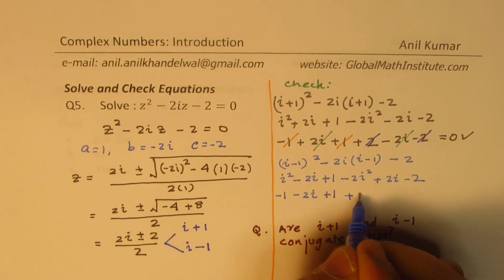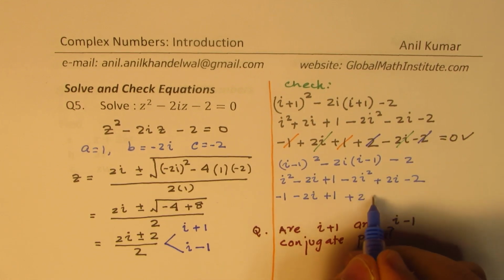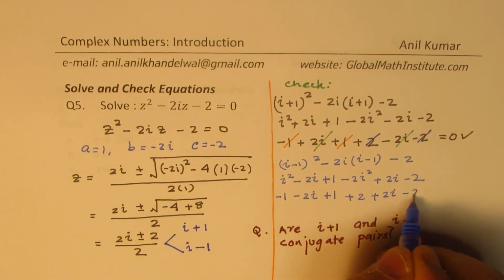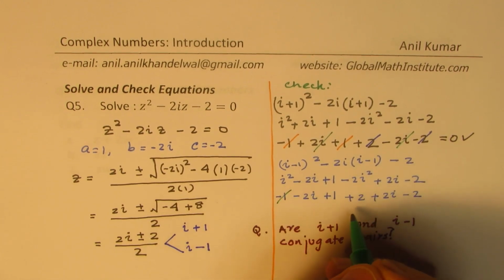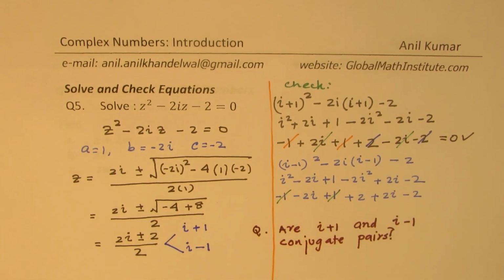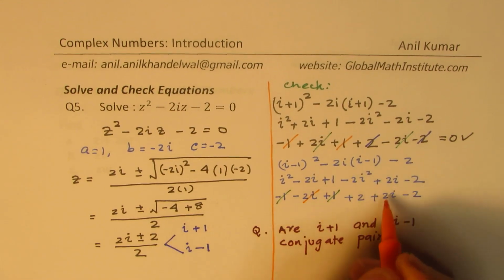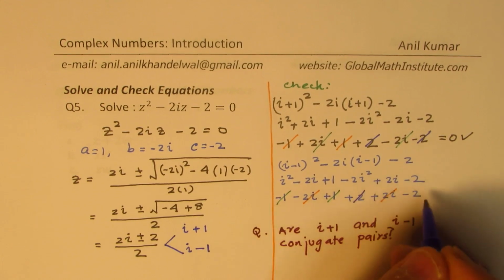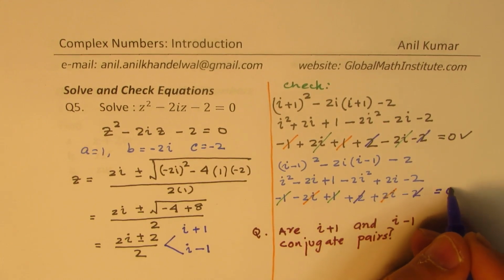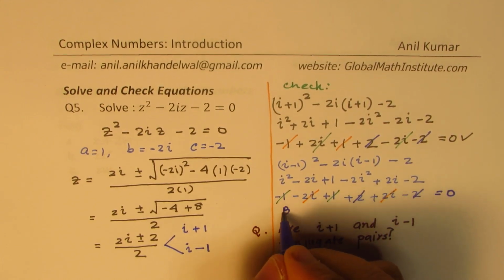Here this becomes plus 2 since i square is negative 1 plus 2i negative 2. So here also you can cancel negative 1 with positive 1. You can cancel minus 2i with plus 2i, and also 2 with 2, and this is also equal to 0, right? So both are correct answers.